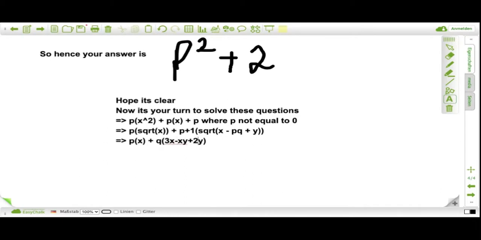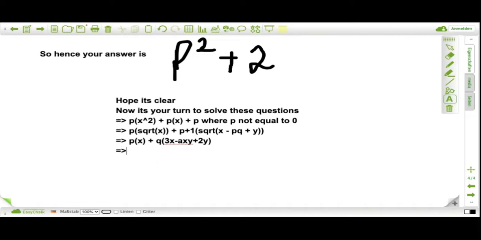The third problem you do here is substitute q of 3x. Substitute like this: p of x plus q of 3x minus xy plus 2y. Then let b is equal to p, b is equal to x.